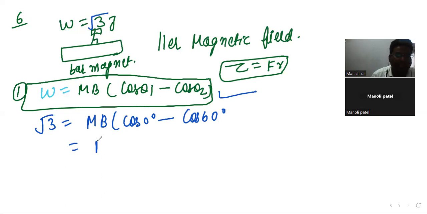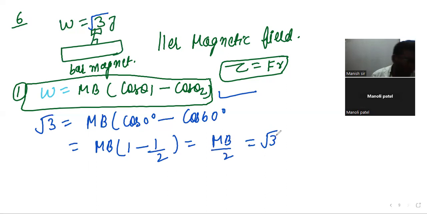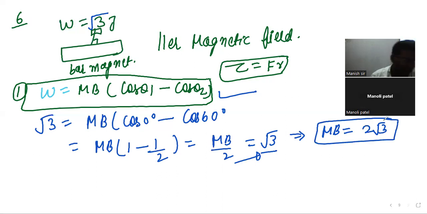Cos 0 we know is 1. Cos 60 is nothing but 1 upon 2. So finally you are getting MB by 2 is equal to root 3. So MB will be how much? These 2 will be multiplied here, so MB will be 2 root 3.